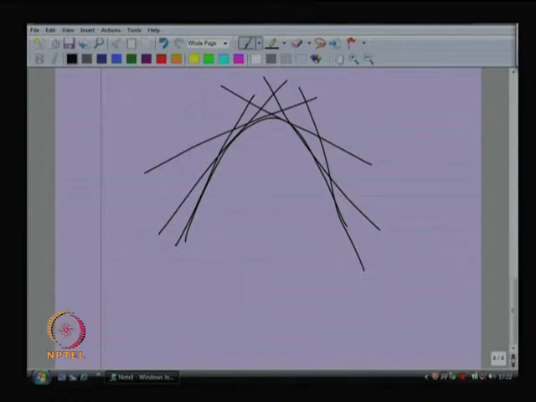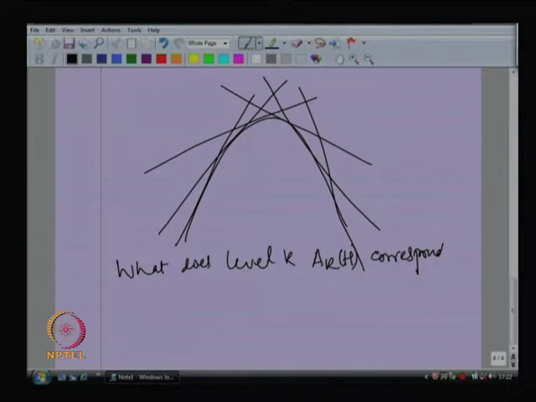And now, if you look at the k level, what will that correspond to? What does level k of H, yes, it is the kth nearest neighbor.